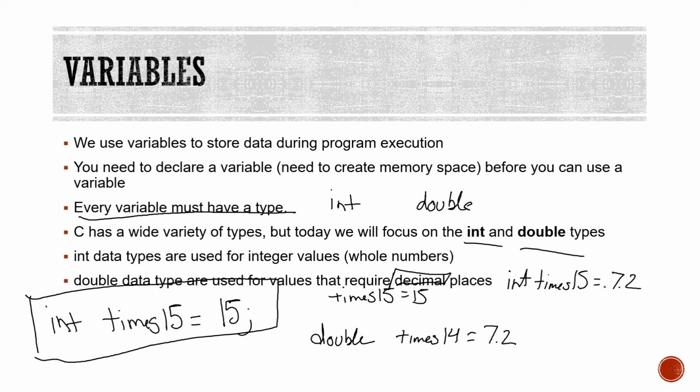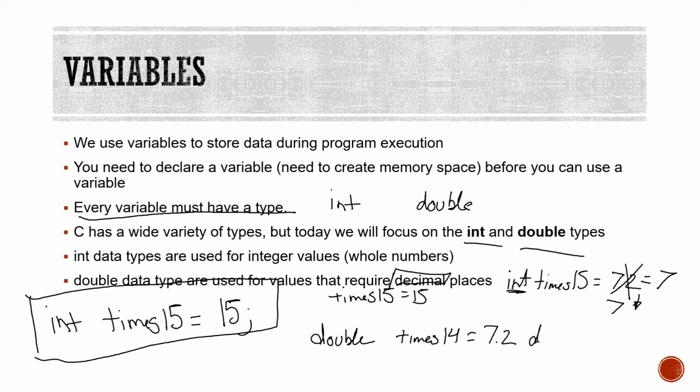It won't work because the data type for integers only holds whole numbers. If you try to print this number out, the compiler is going to see this as 7, not 7.2. It's going to round down to the nearest whole number, 7.